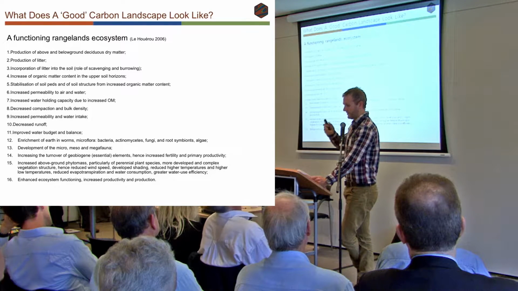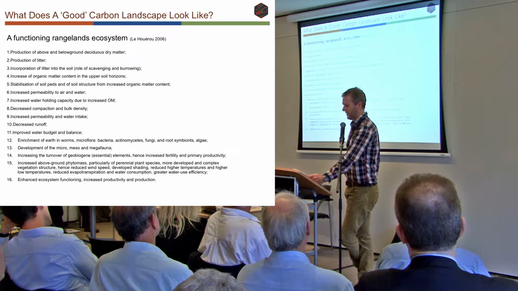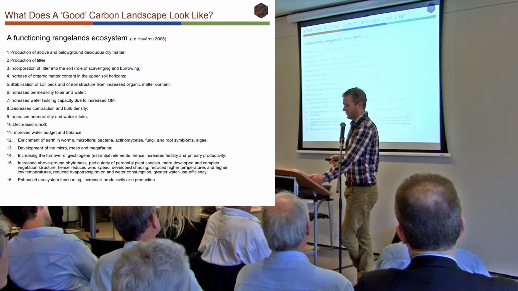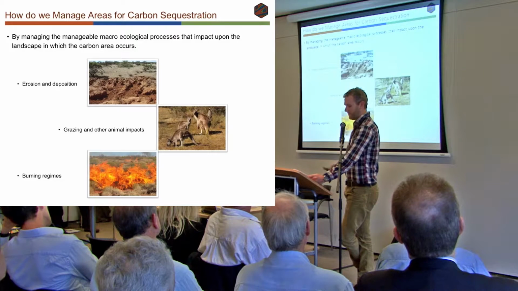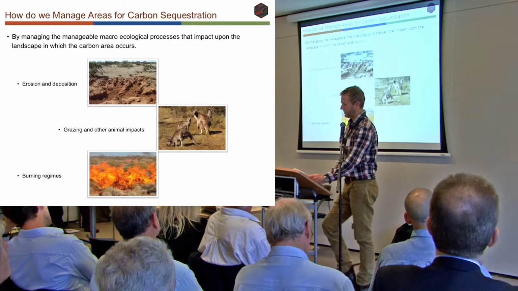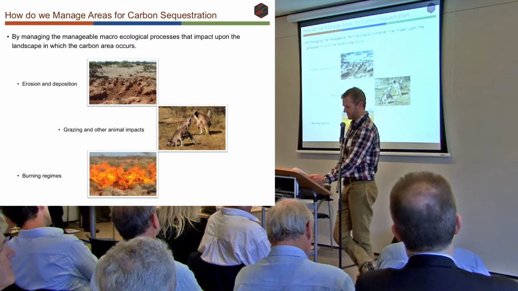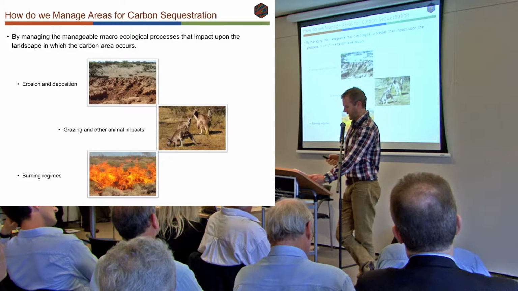I think we need to start looking right at the very top, that very first step of the production of above and below ground deciduous dry matter. And that's where I think we need to target our efforts, and that's where these three macro processes come in. So it's again working on the soil by managing erosion and deposition, increasing biomass within the landscape through managing grazing and other animal impacts, and through managing your burning regimes.